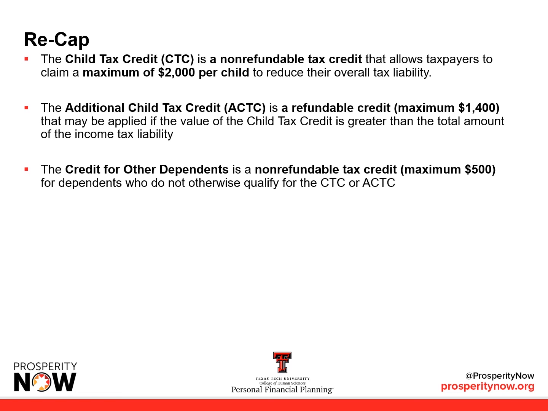The additional child tax credit, ACTC, is a refundable credit, maximum of $1,400, that may be applied if the value of the child tax credit is greater than the total amount of the income tax liability. The credit for other dependents is a non-refundable tax credit, maximum of $500 for dependents who do not otherwise qualify for the CTC or the ACTC.